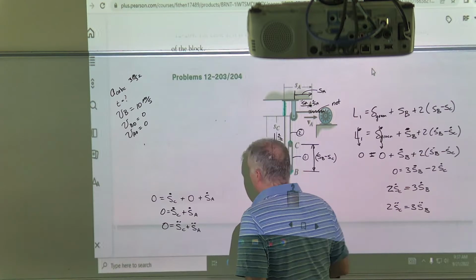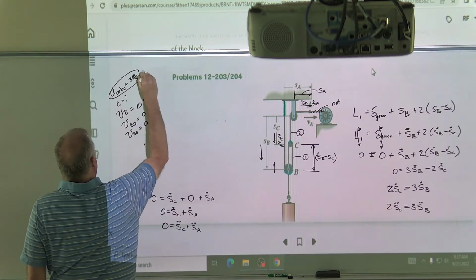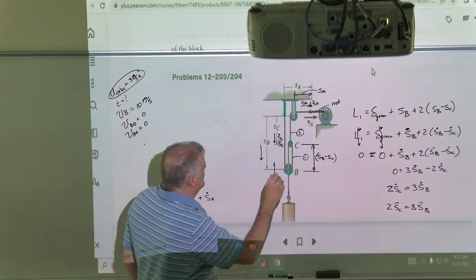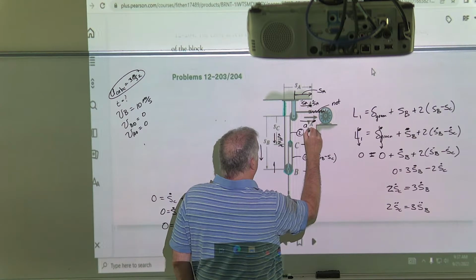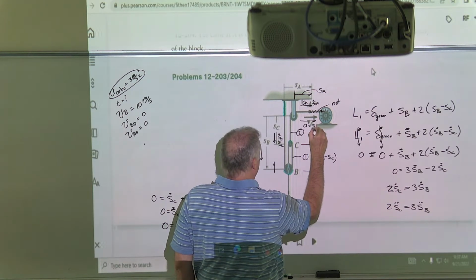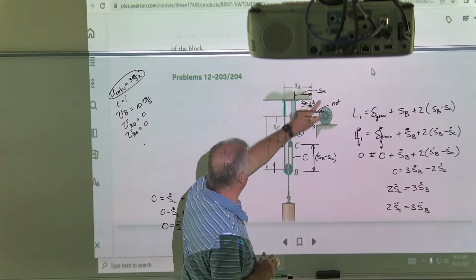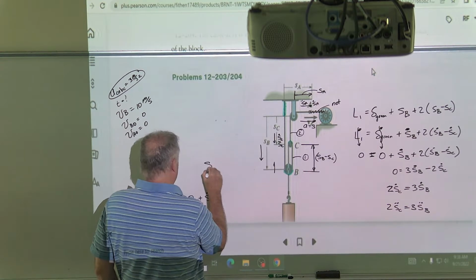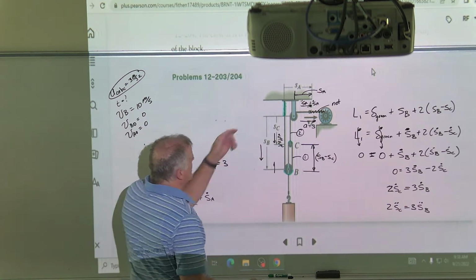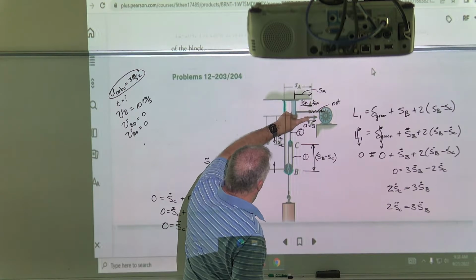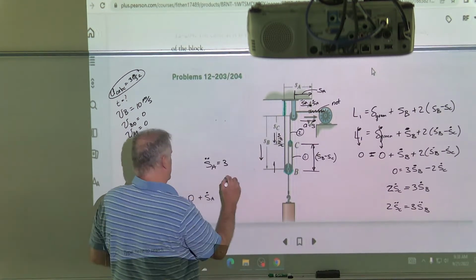Now that you've got 2 derivatives, you're starting to deal with the acceleration. So he says the acceleration to the right, the acceleration here, is equal to 3 meters per second. So that is SA. So this means SA double dot is equal to 3 because it's going to the right, the vector's going to the right. He said it's pulling into the motor with that acceleration.